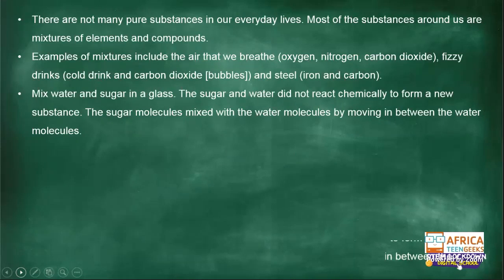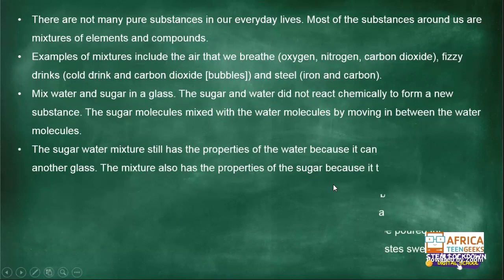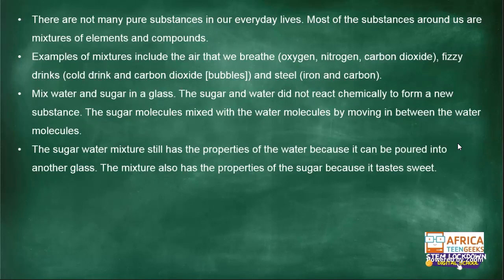The sugar molecules are mixed with the water by moving between the water molecules. Now, the sugar water mixture has the properties of water because it can be poured into another glass, and the mixture also has the properties of sugar because it tastes sweet.